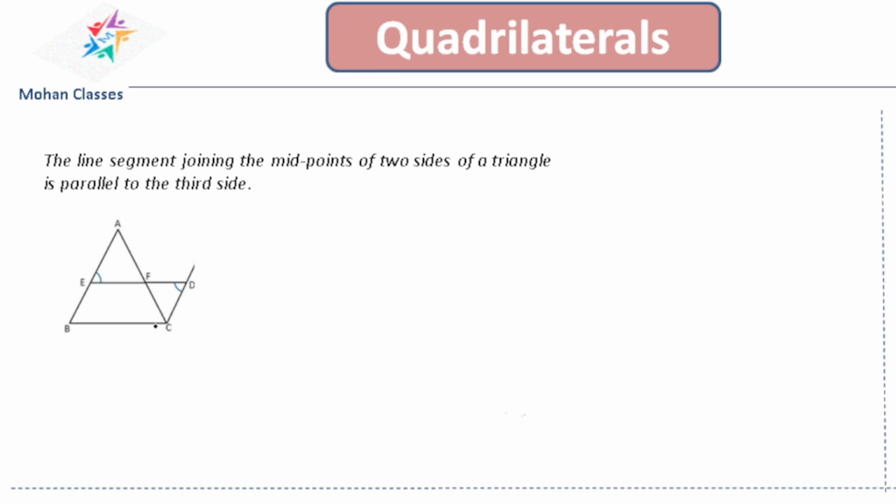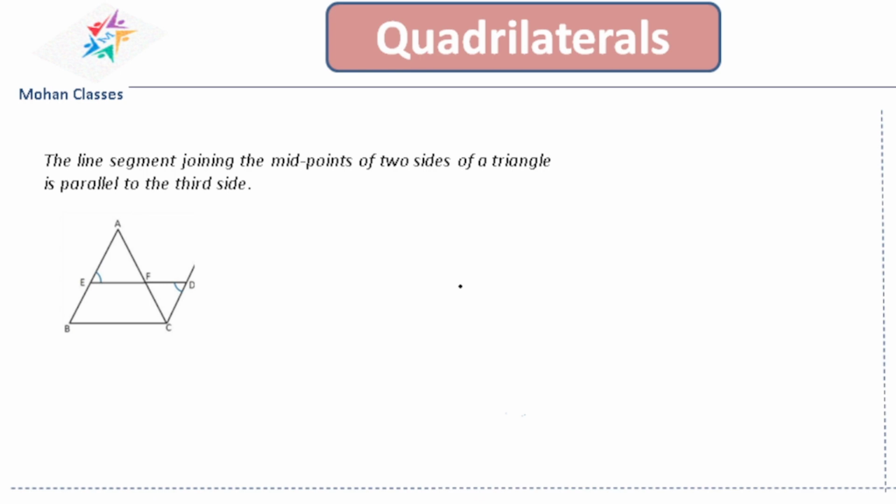So we have to prove EF is parallel to BC, and then EF is equal to half BC. This also we have to prove.